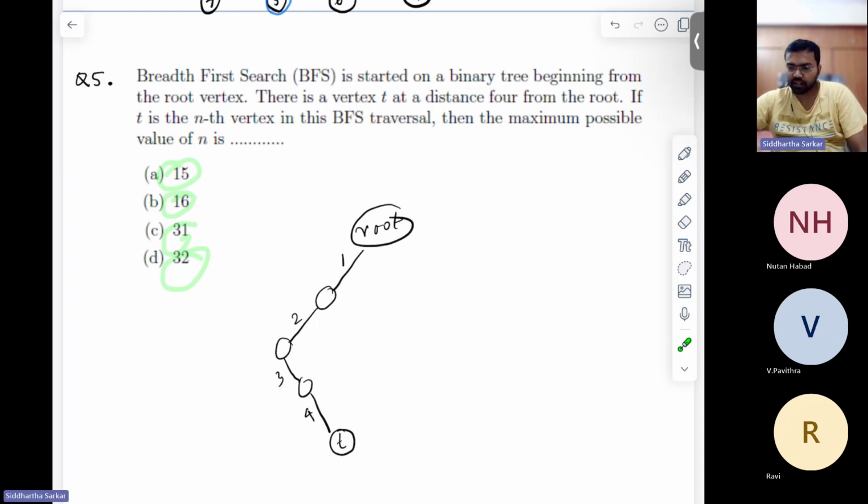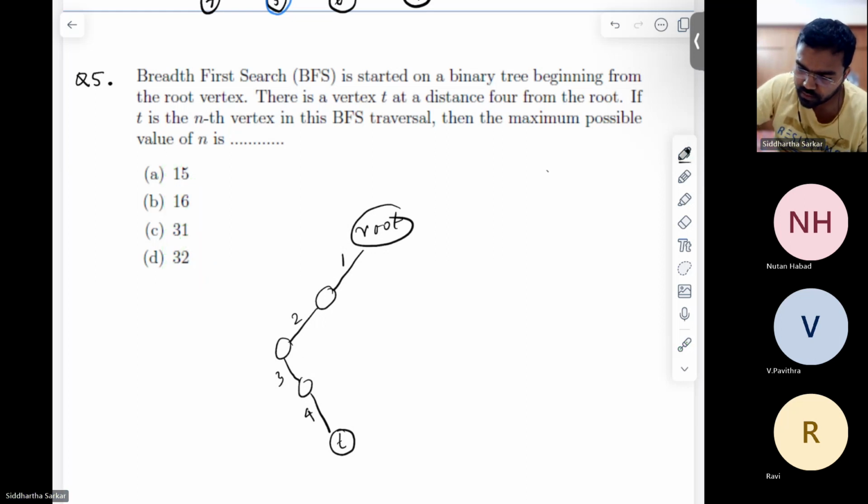So let's get started by enumerating. We're doing BFS. So the first element is numbered 1. The first element that we encounter is the root vertex. So this is the root.